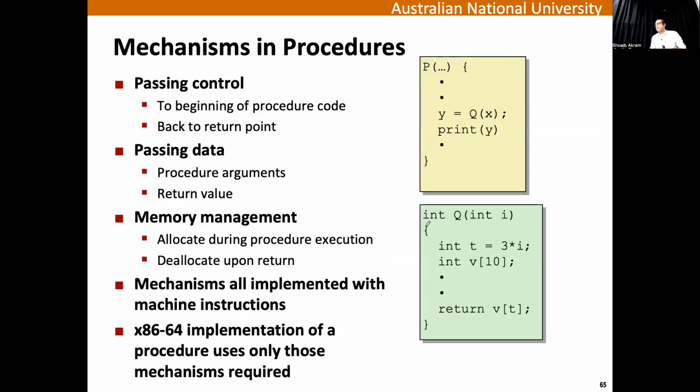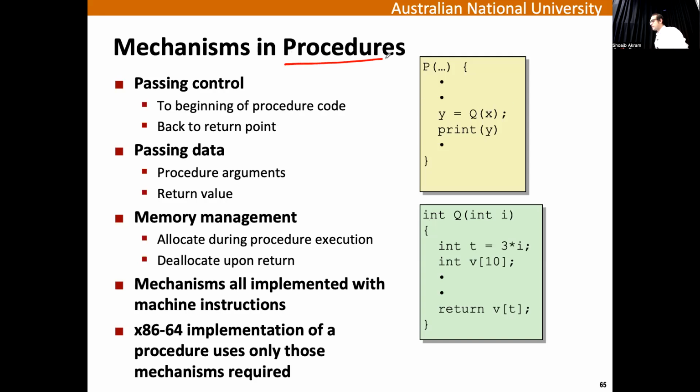All right, so I want to do a revision of procedure calls. This is very similar to the procedure call mechanism you learned for ARM processors. So what we need is a way to pass control from one function to the next.